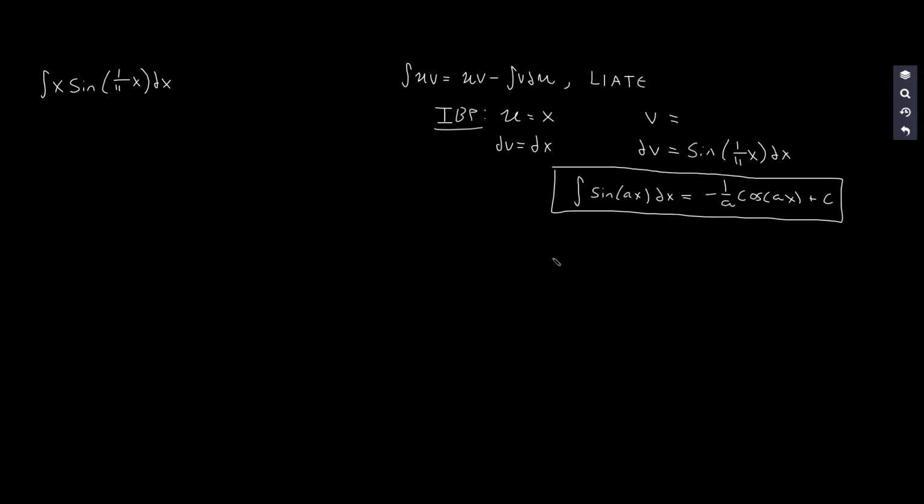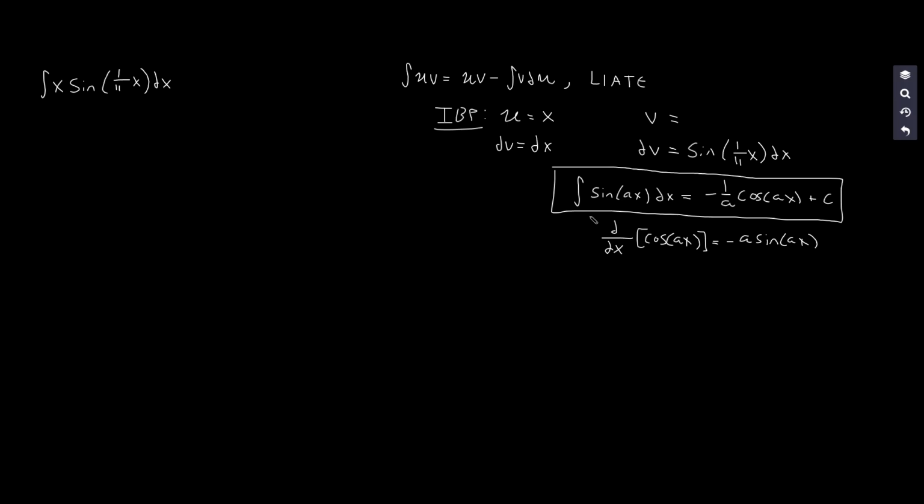So the derivative of cosine of a times x equals negative a times sine of a times x. And to undo that, you need to divide by a, right? And so that's where the negative 1 over a times cosine of a times x comes from.